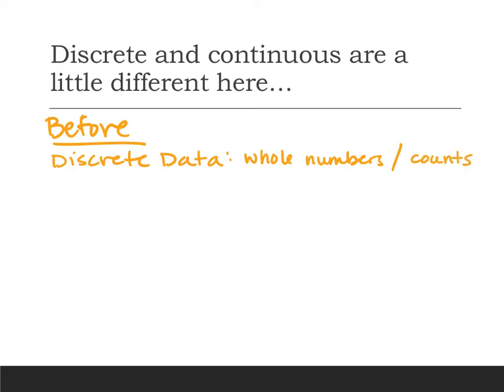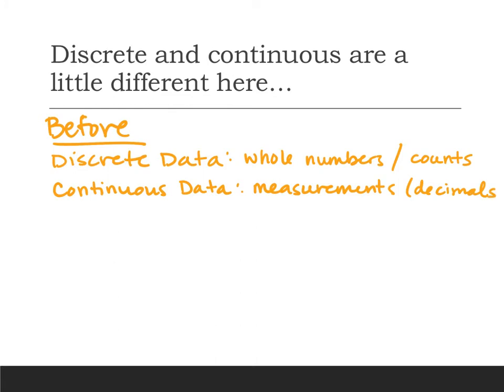We were counting things when we were talking about discrete data. And continuous data, those were things that we were measuring. And of course, decimals. We aren't always seeing them, but decimals are possible.